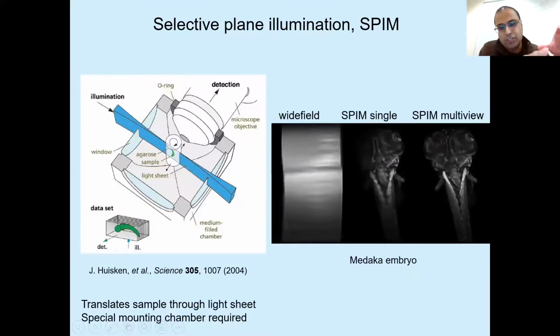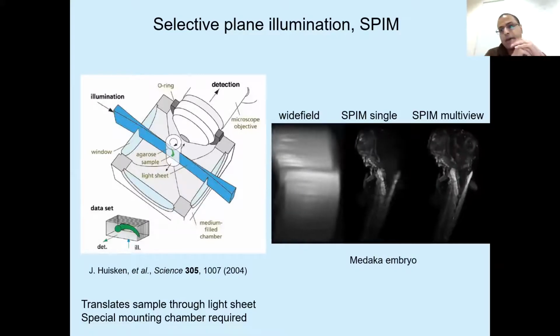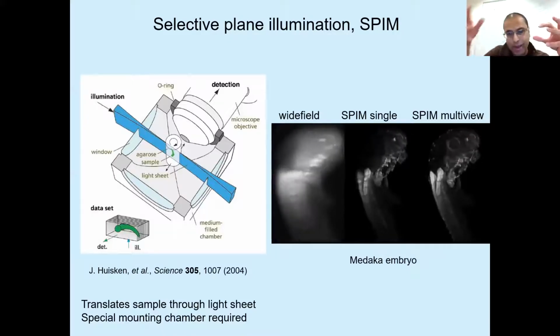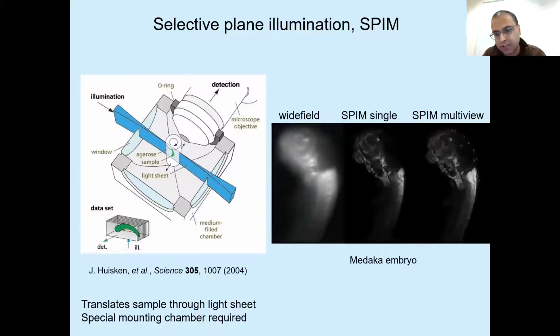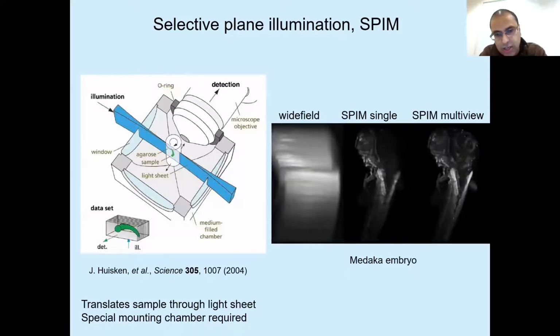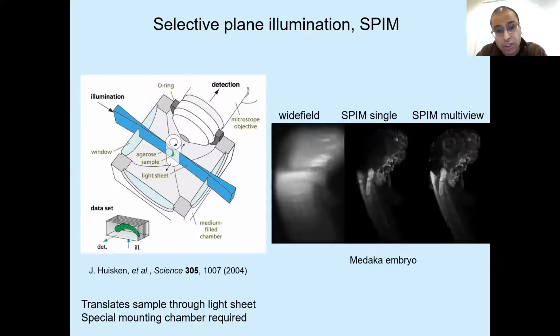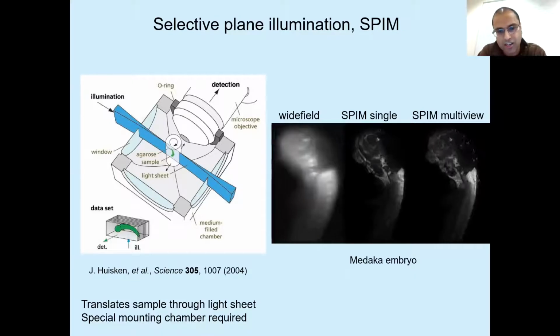And another advantage of this specimen holder is that you could rotate the specimen. That meant that by acquiring one volume at each angle, you could fuse the data together and mitigate scattering in the so-called multi-view reconstruction. So this microscope was published almost 20 years ago, but still it embodied some of the strengths of this technique.